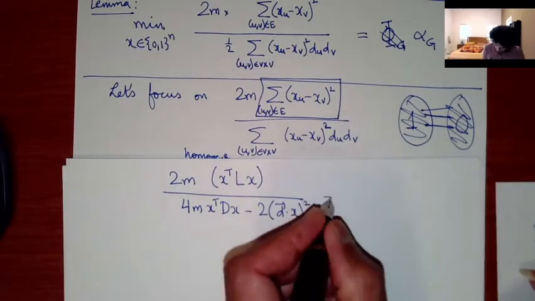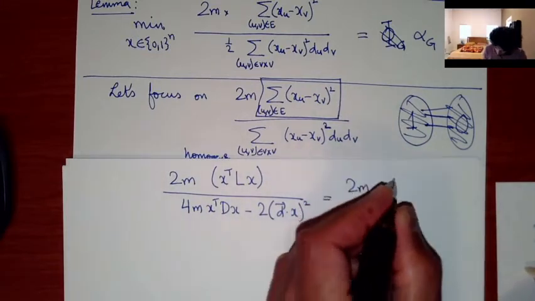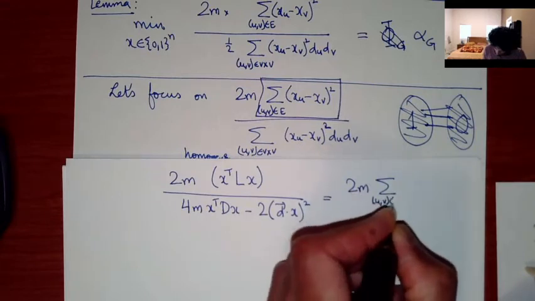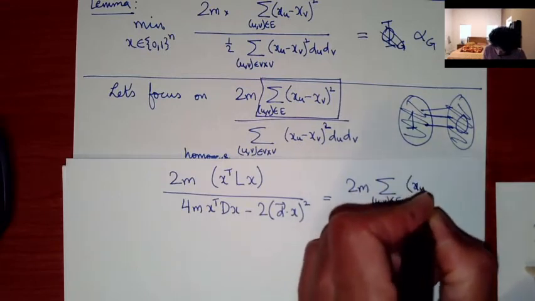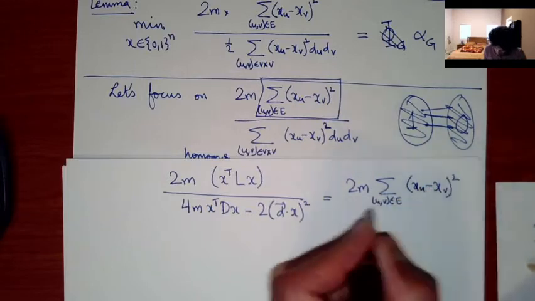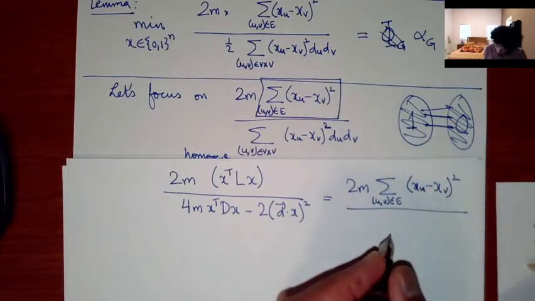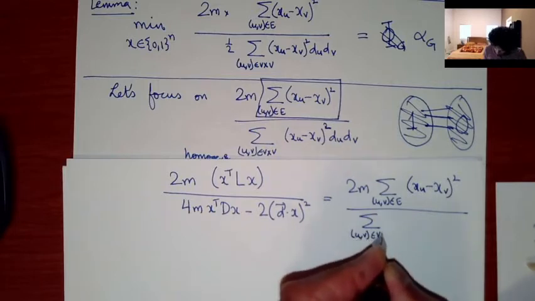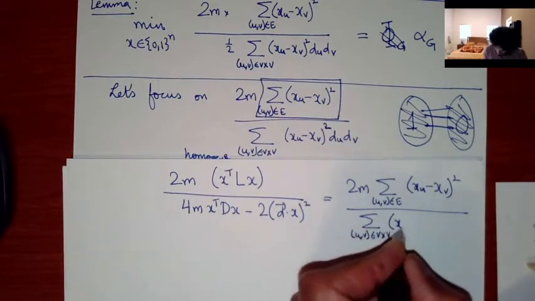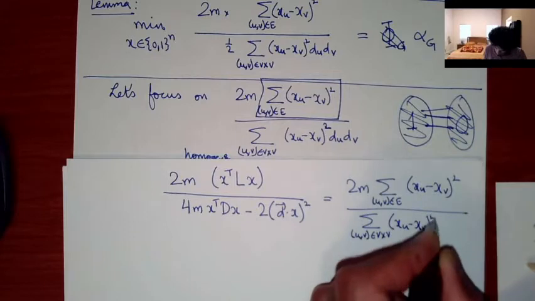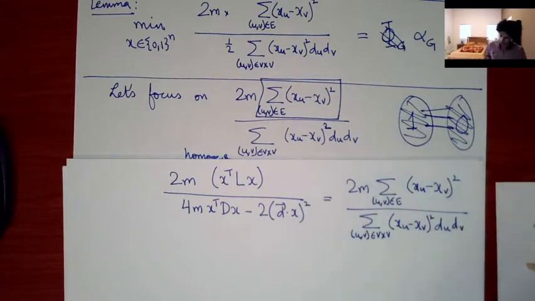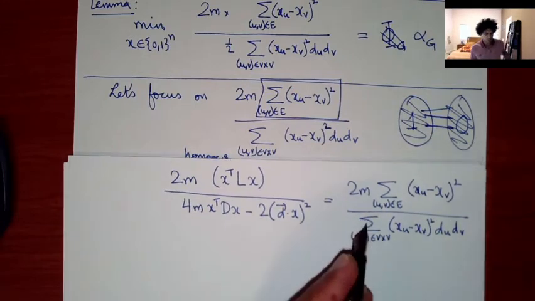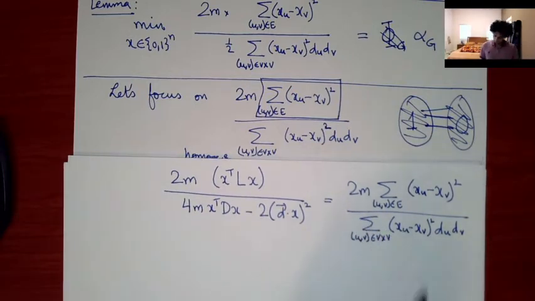And we just said that this is equal to 2 times m times the sum over edges uv in E of (xu minus xv) squared, divided by the summation over u, v in V cross V of (xu minus xv) squared du dv. This equivalence here had nothing to do with the fact that it was binary.